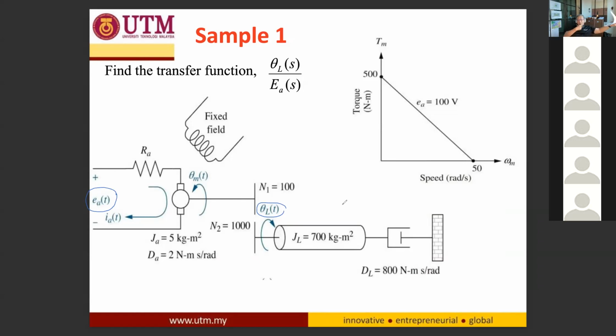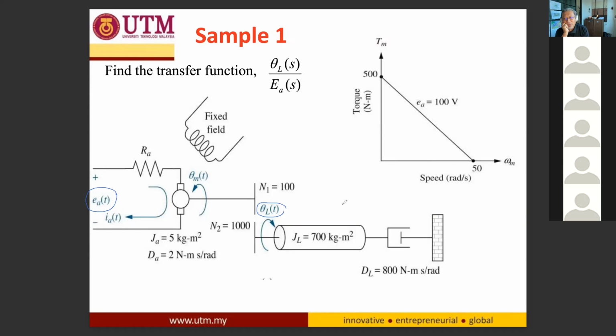Okay. Pada Prof, just now, for the T-stall, is it stop moving or start moving? Speed is zero. Omega M zero. Okay, thank you so much. Since you asked about T stall, what is the value of T stall in this example? 500.